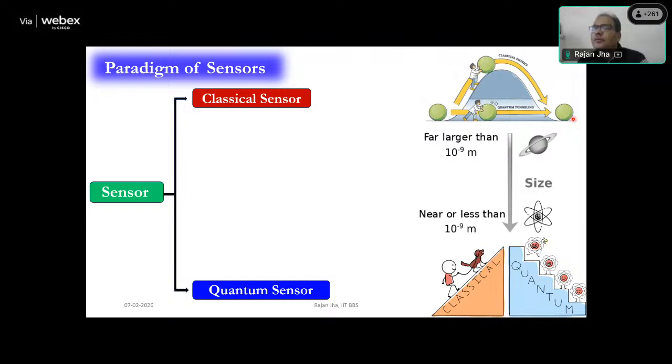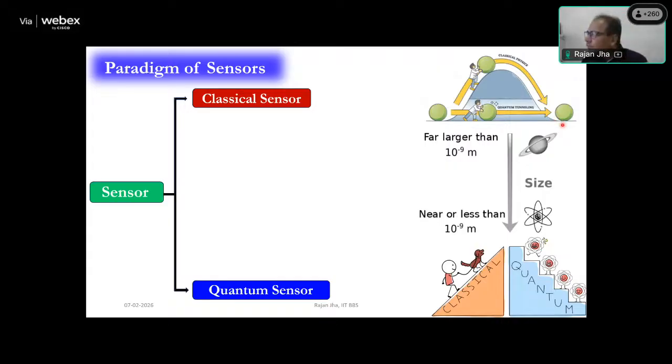The point I'm trying to tell you is that these domains are classical physics, but in quantum physics, you can have the ball here and it can tunnel through the hill. You can think of this hill as some potential, and there's a possibility that the ball can just tunnel through the hill. It need not go over it. That means the ball can also exist here, and this is where the quantum picture comes into play.